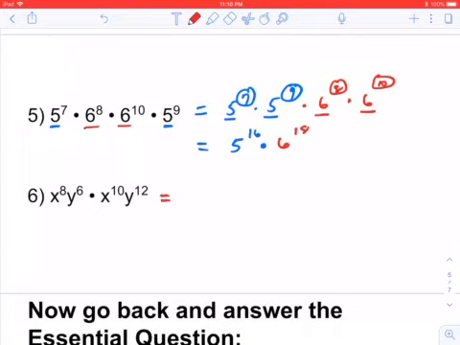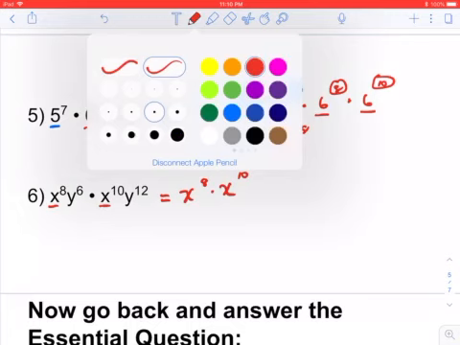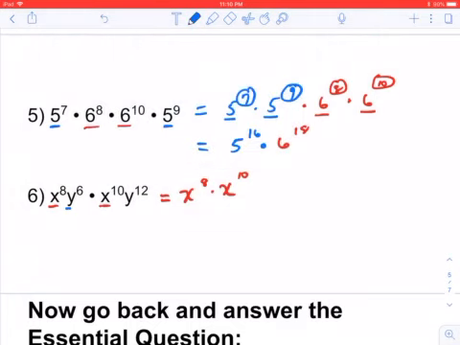Over here we also have two bases. We have the x's, so we have x to the 8th times x to the 10th, and then we have the y's. So we have y to the 6th times y to the 12th.